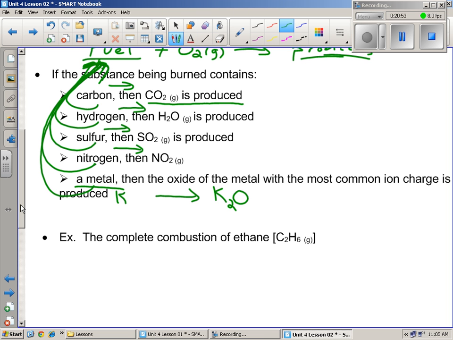Let's say you burn some iron. You get the most common iron oxide. What's the most common one? It's the first one on your periodic table. Iron comes in a 3 plus and a 2 plus. You will get iron 3, because it comes first, so it's the most common, iron 3 oxide.